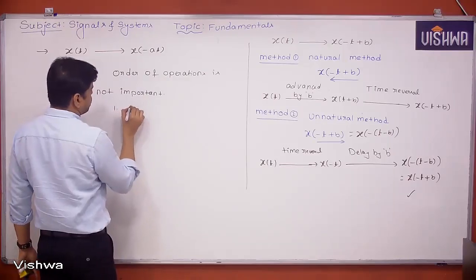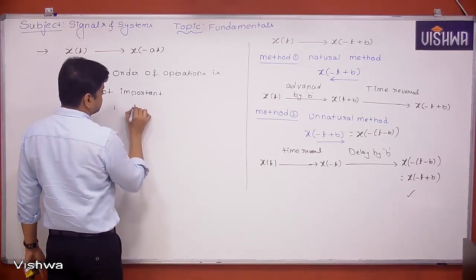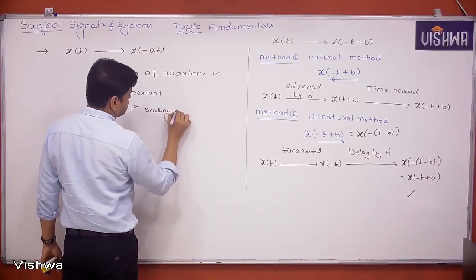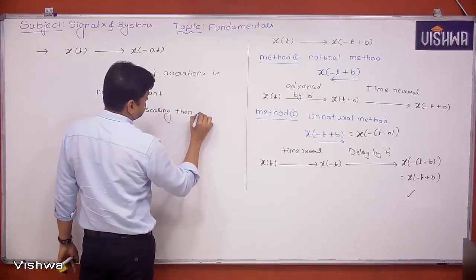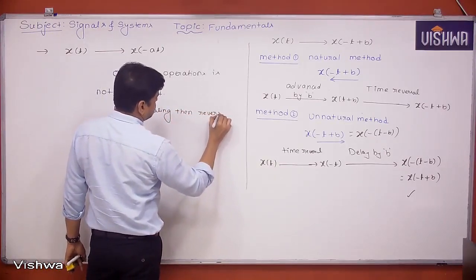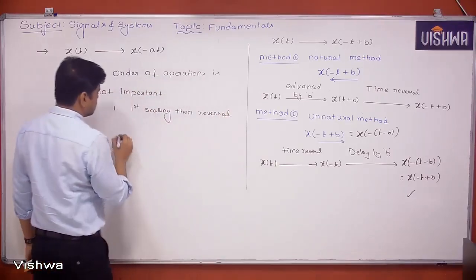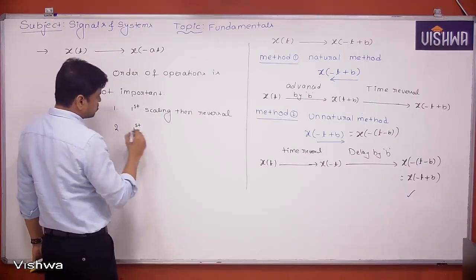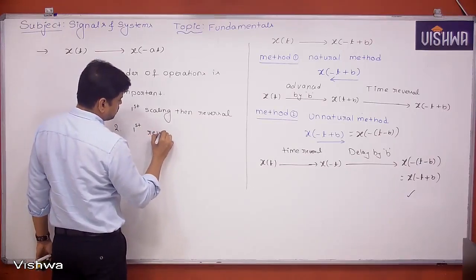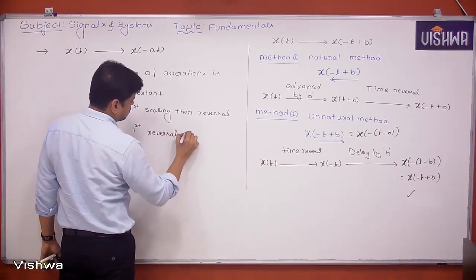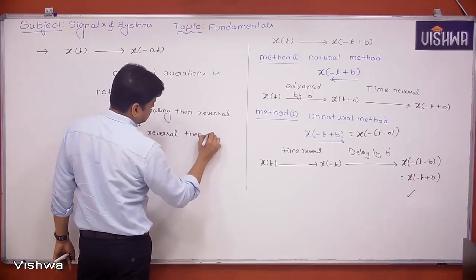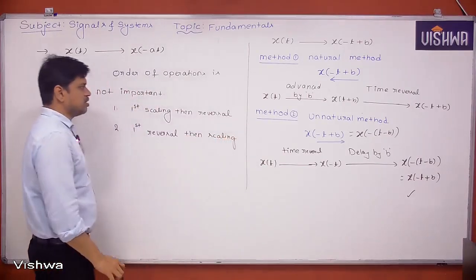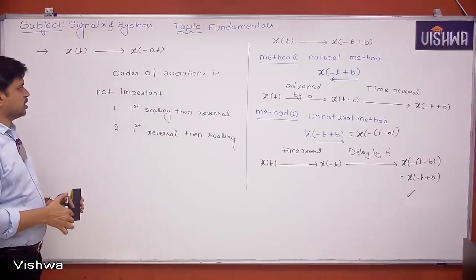That is, first way we can say first scaling, then reversal. This is one way. Second method, first reversal, then scaling. It doesn't matter. Whatever order of operations you perform. Okay, take this.